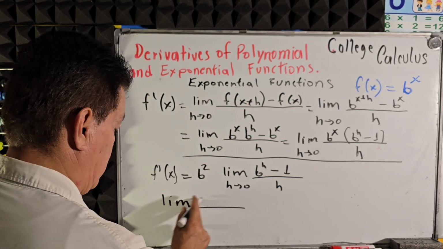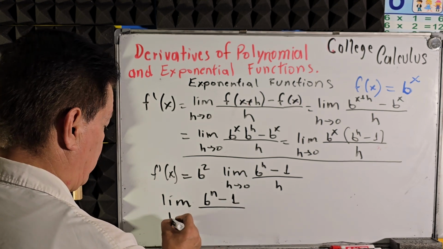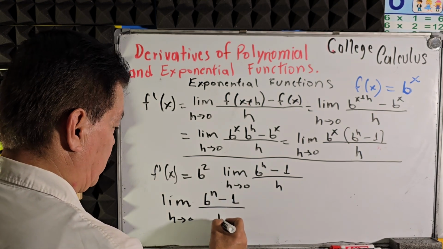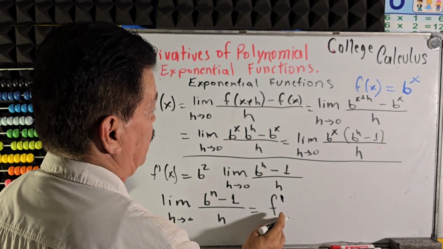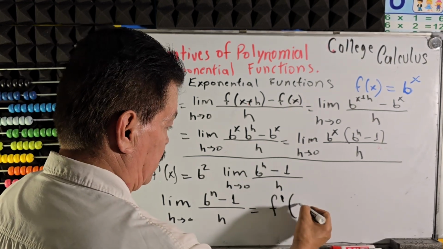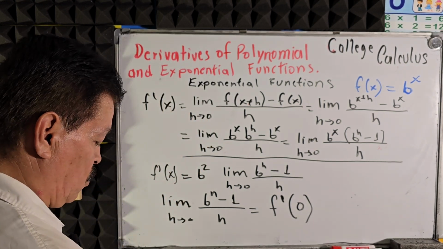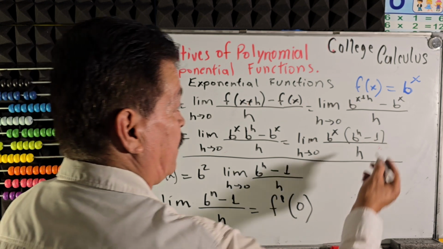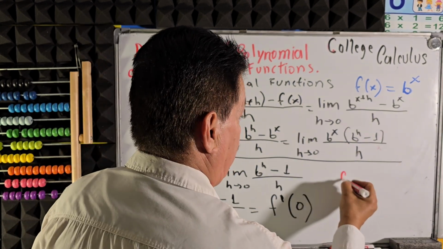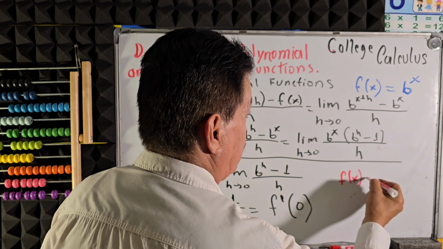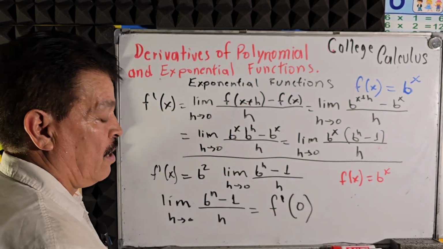So of course, this is divided by h. This is f prime, I mean the derivative, of 0. So in conclusion, when we have f of x equals b to the x, this is the explanation before.